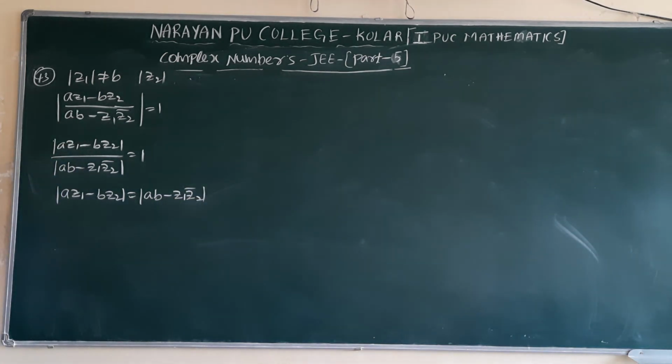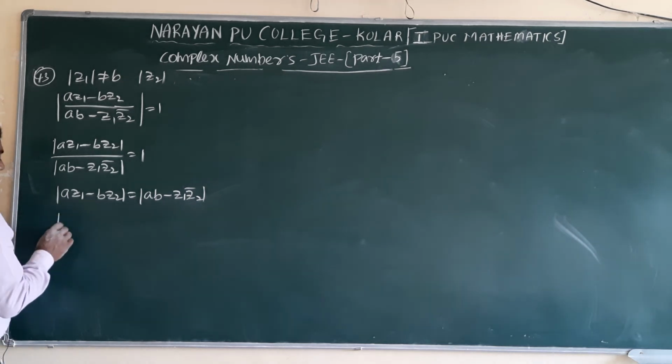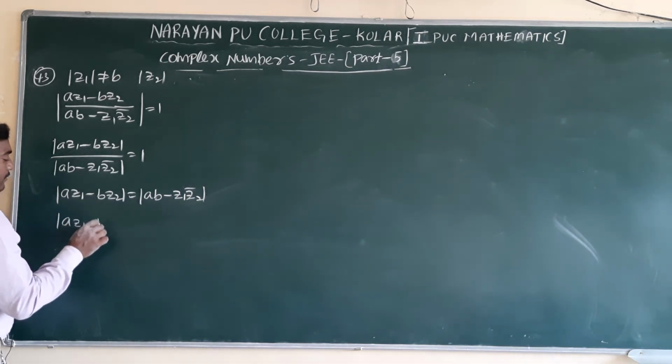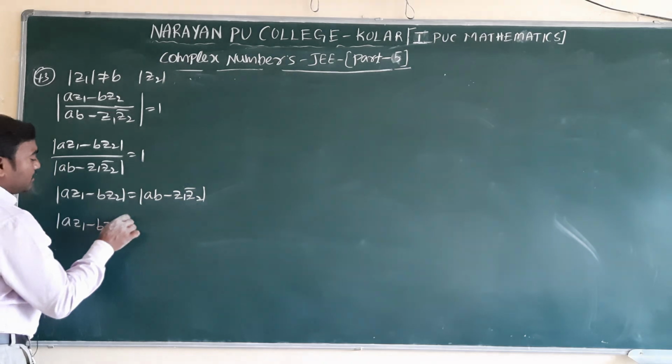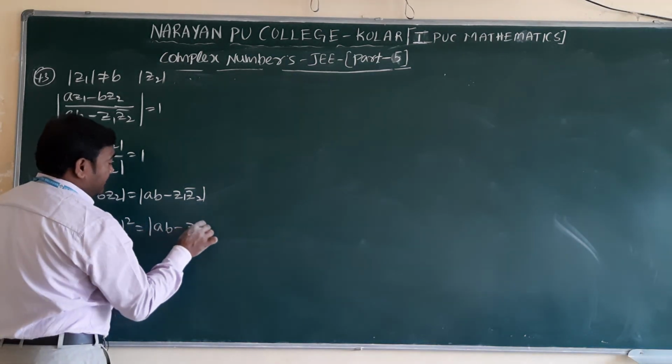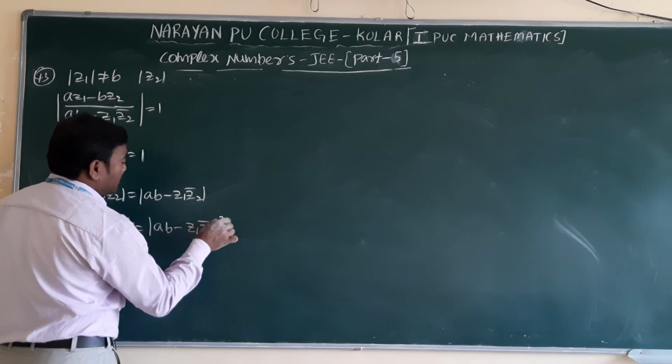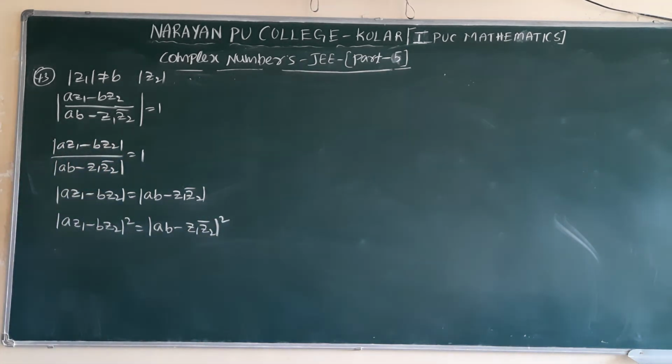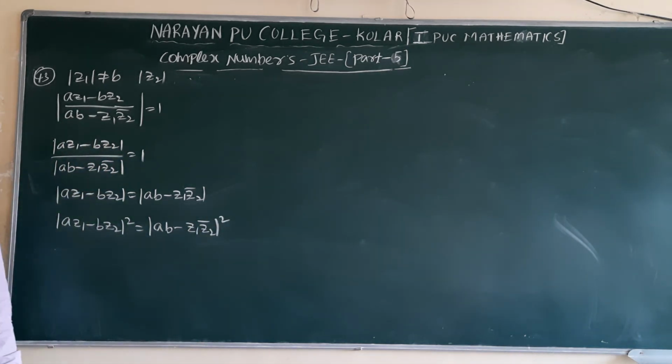Now squaring on both sides, modulus of a z1 minus b z2 whole square is equal to modulus of ab minus z1 z2 bar whole square. We apply the property that modulus of z square is equal to z into z bar.